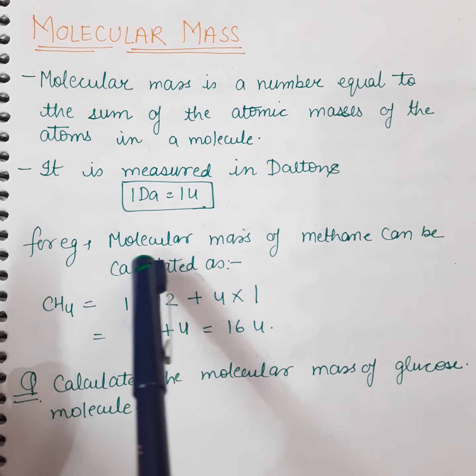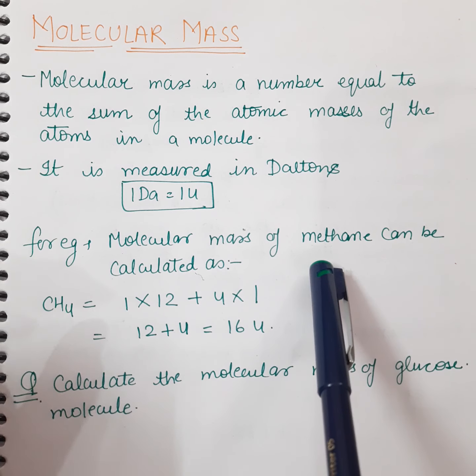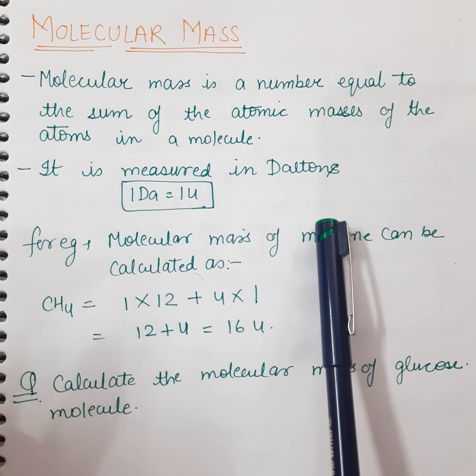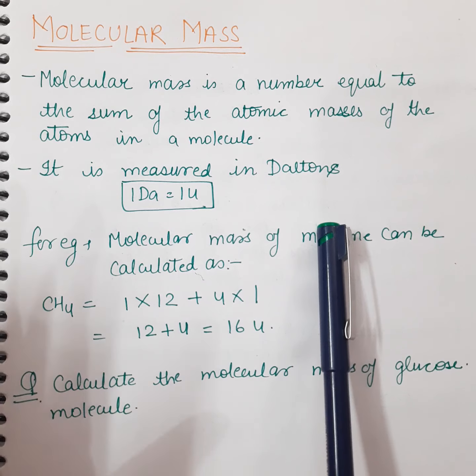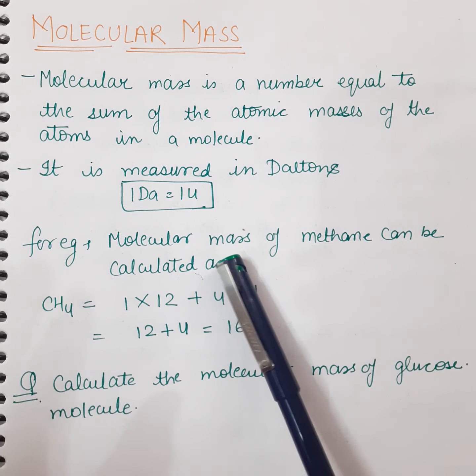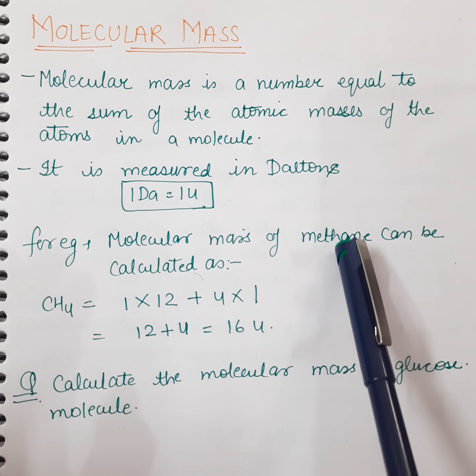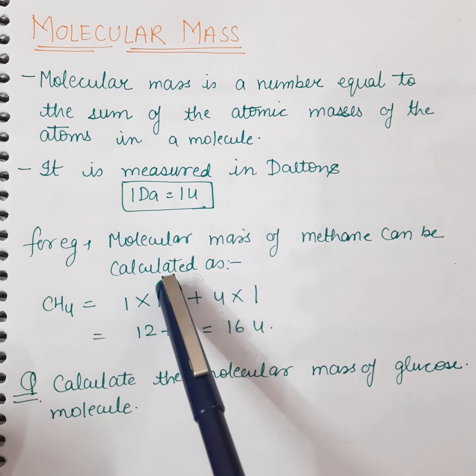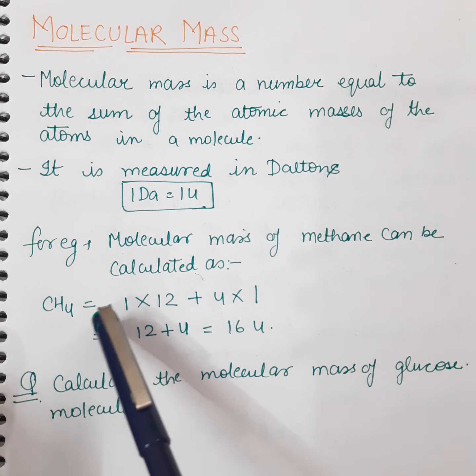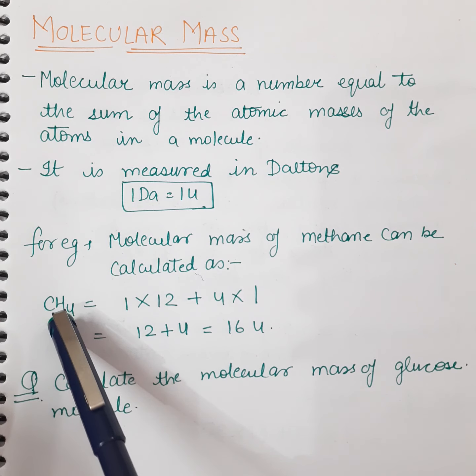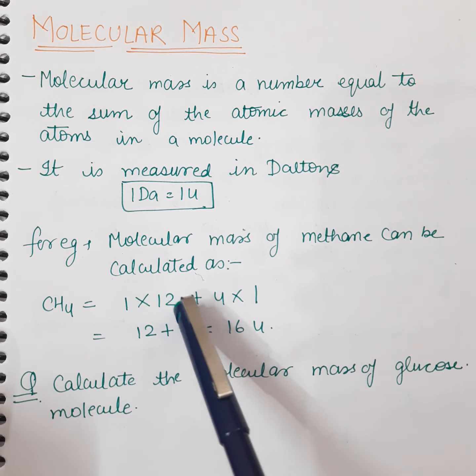For example, molecular mass of methane. Students, once you calculate the molecular mass, you must know the formula. The formula of methane is CH4, and it can be calculated as CH4 equals 1 into 12.